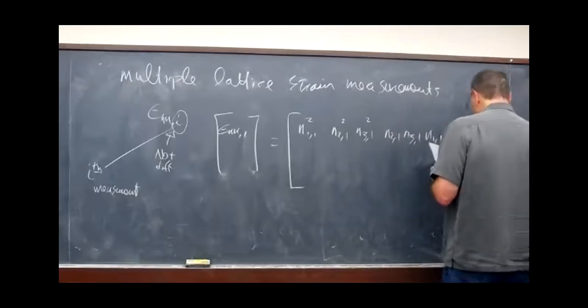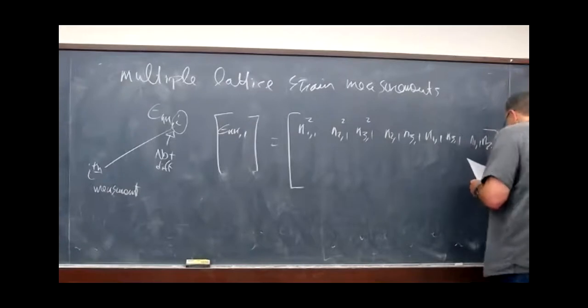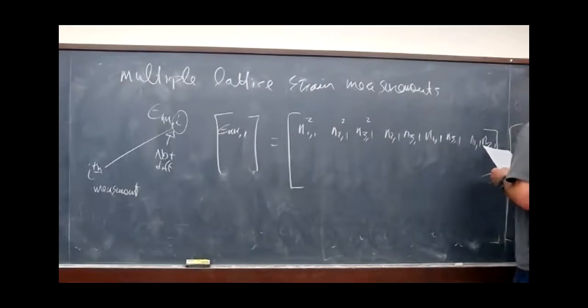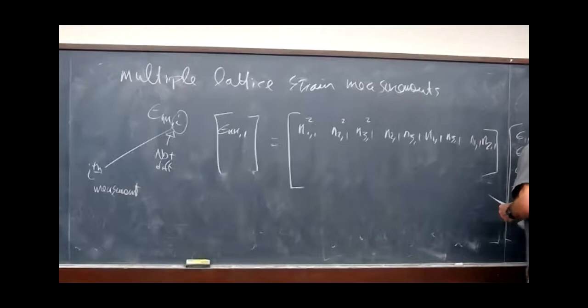And then over here, we have our strain written in a vector form: epsilon 11, epsilon 22, epsilon 33, 2 epsilon 23, 2 epsilon 13, 2 epsilon 12.